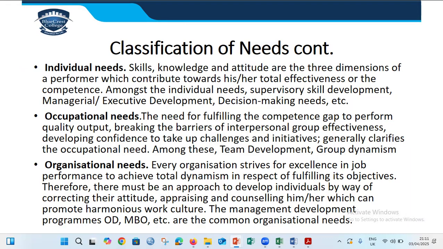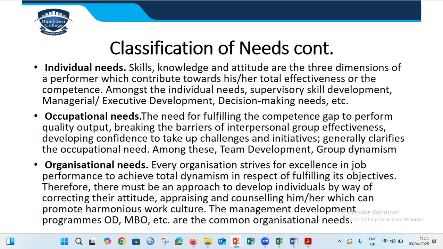Then you have needs at the occupational level. This need requires fulfilling the competence gap to perform quality output, breaking the barriers of interpersonal group effectiveness, and developing competence or confidence to take up challenges and initiatives.